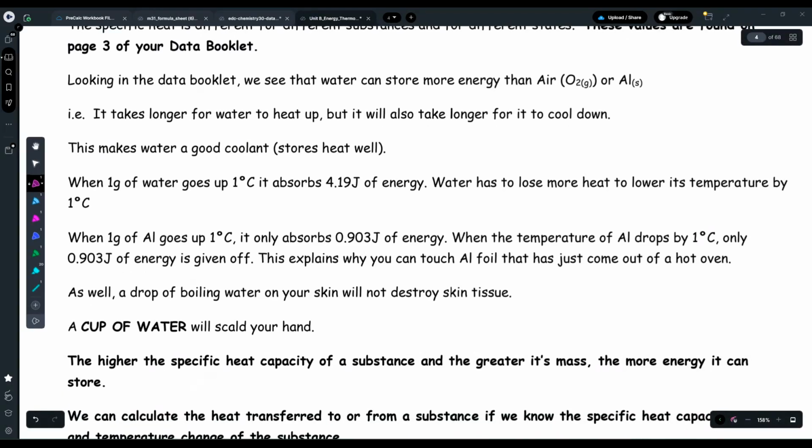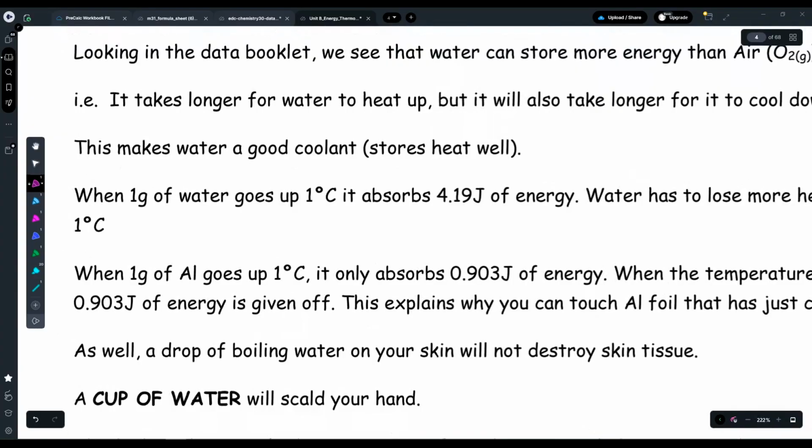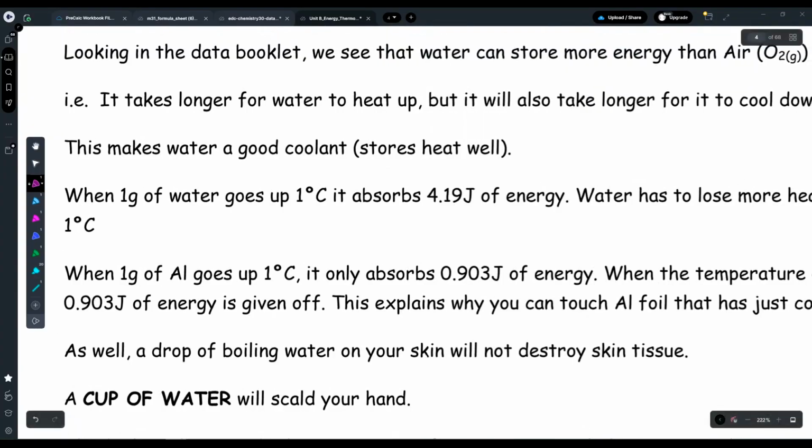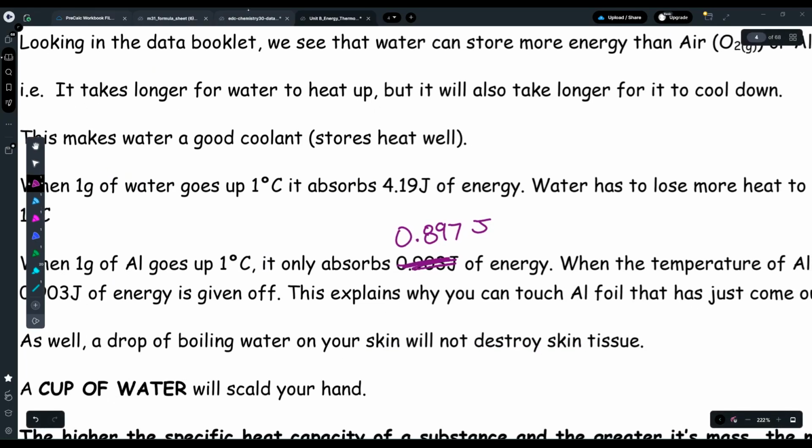Okay. Now this next point here says when 1 gram of aluminum goes up by 1 degree Celsius, it only absorbs, so we need to change this. This is going to be 0.897 joules of energy.